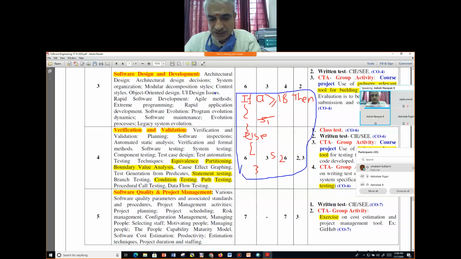Now consider this is the block of code we have. When we talk about equivalence partitioning, look at A. Here A is minus 10, and like that it goes. Then I will say greater or equal to 18, and up to 17 I'll write it. Assume all numbers between, then you have 19, then 20, and it grows to positive infinity, from negative infinity to positive infinity.